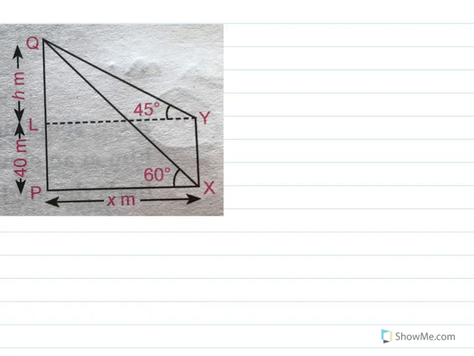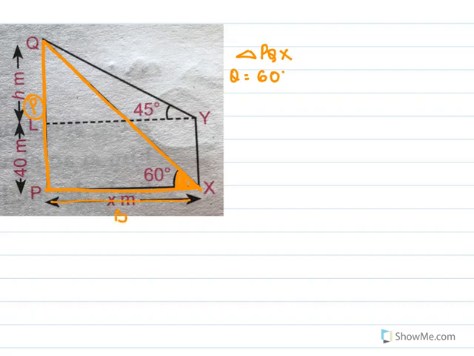So here's the figure. First we will take the two angles, 45 and 60. So this is the triangle for 60. So we take up triangle PQX. The angle theta is 60. Here is the perpendicular, and this is the base.